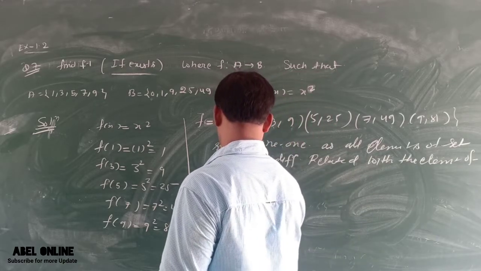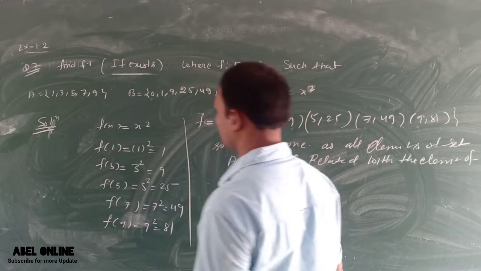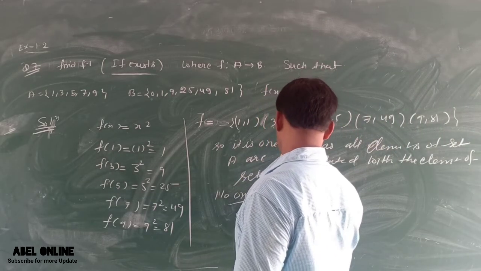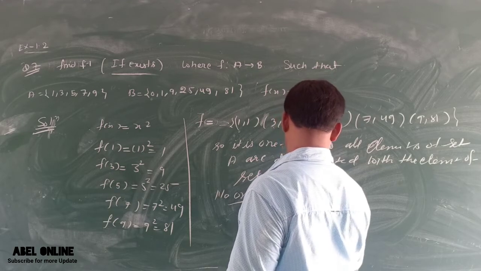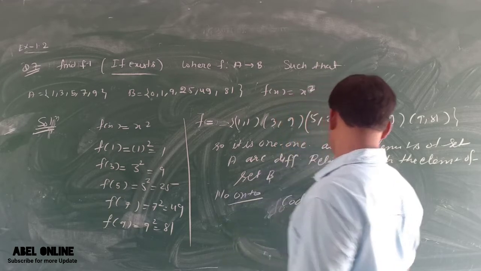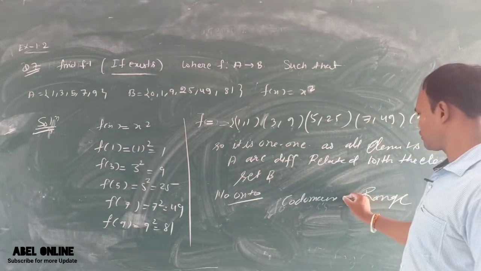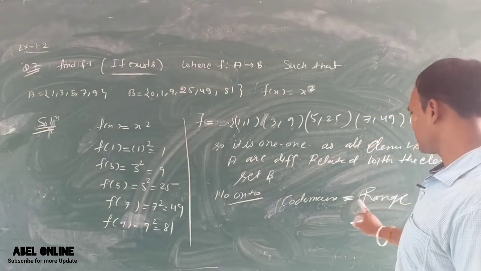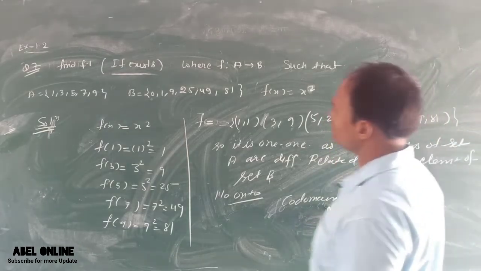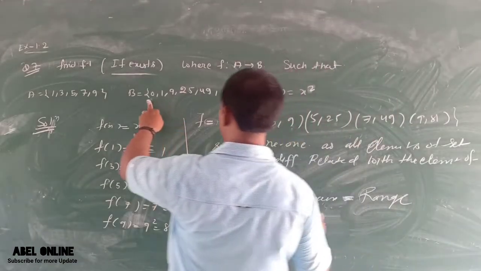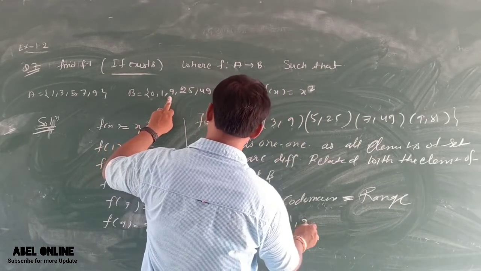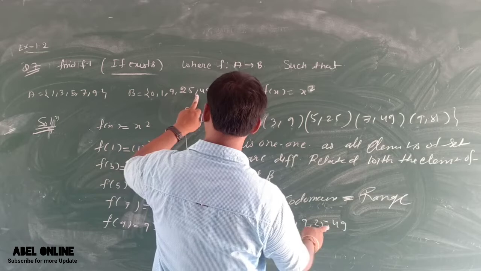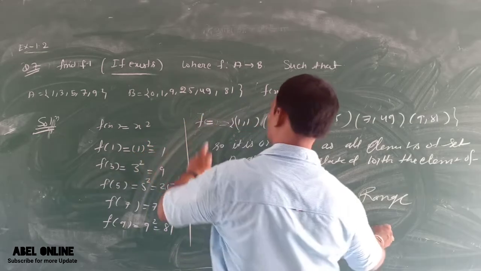Now onto. When we discuss onto, the codomain of f should equal the range of f. So what is the codomain? The codomain's values are 0, 1, 9, 25, 49, 81. And what is the range?